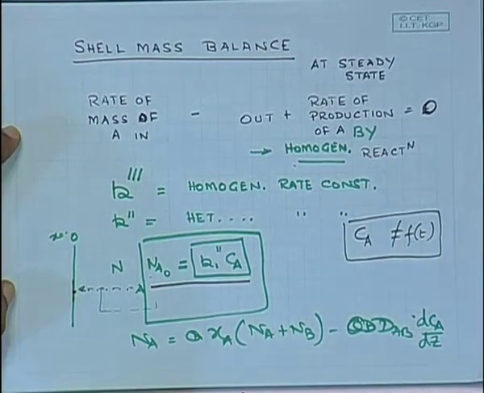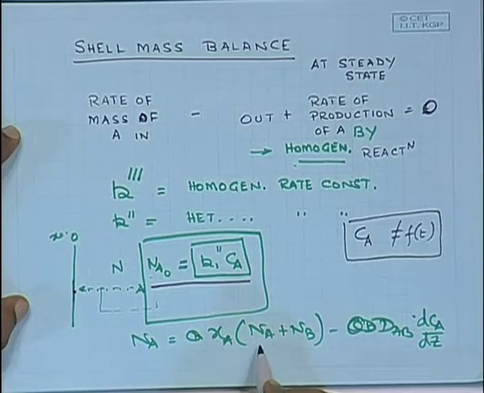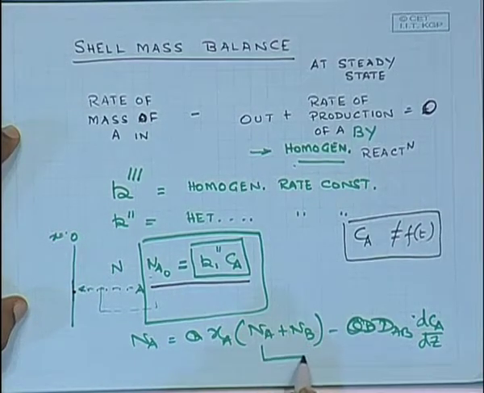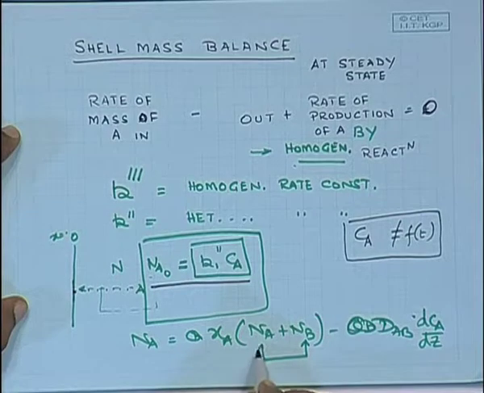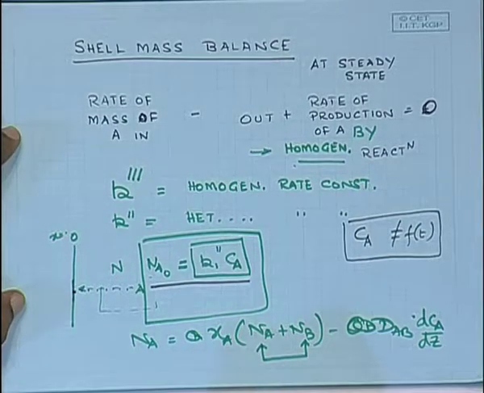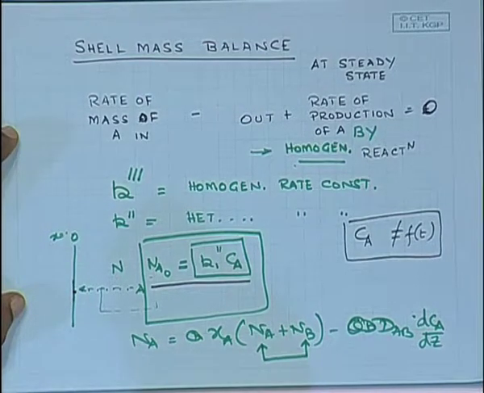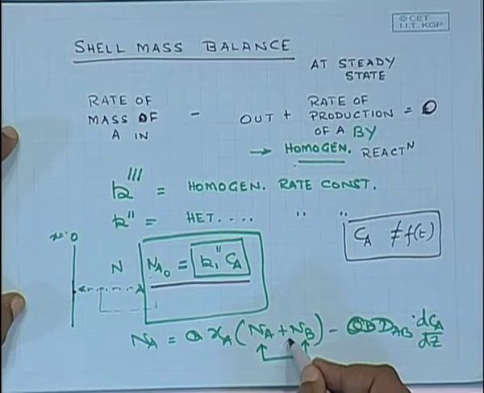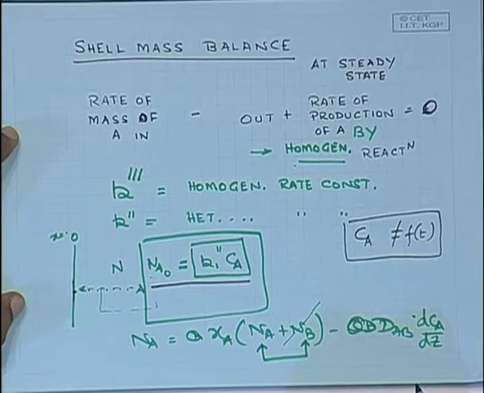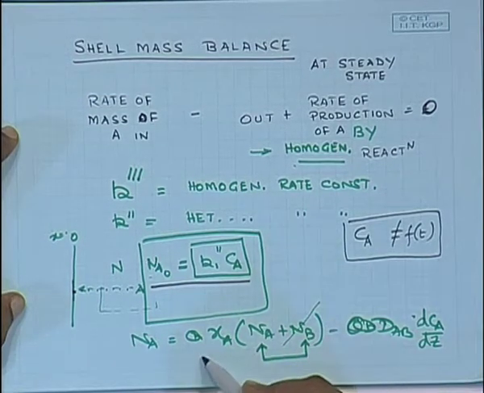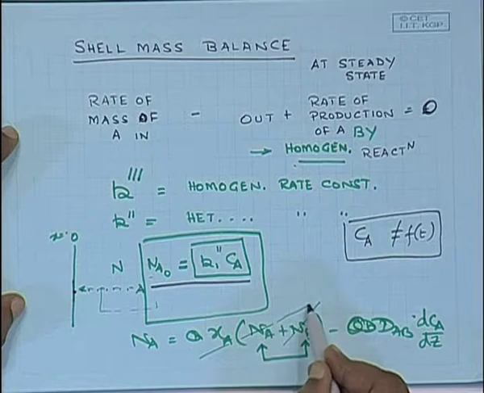But whenever you use this equation, the first thing is you have to find some relation between Na and Nb. How to find the relation between Na and Nb? You have to depend on the physical process that is actually taking place. In some cases you can straight away say Nb equal to 0. In some cases you can say the whole term is 0.